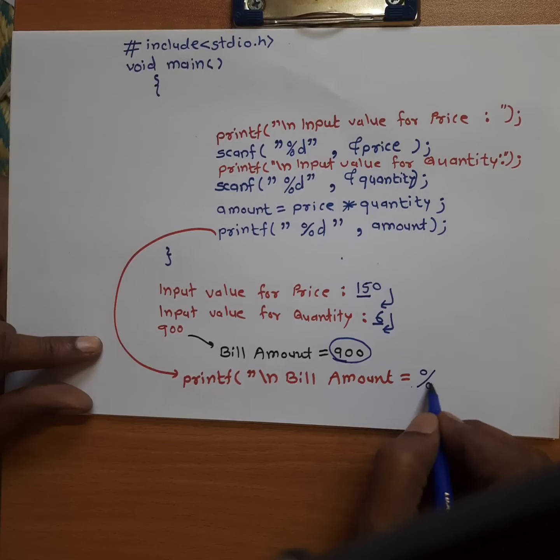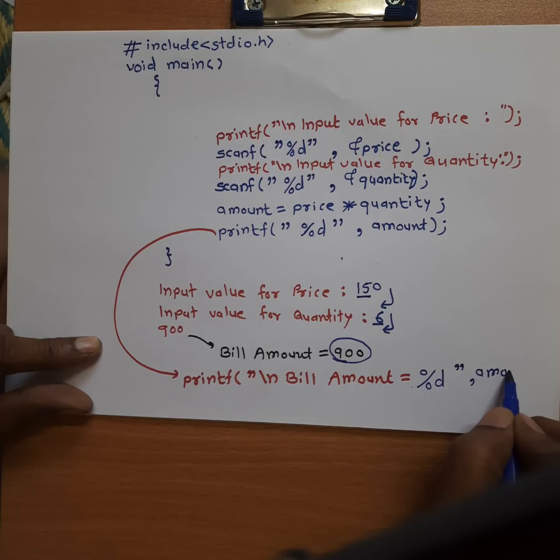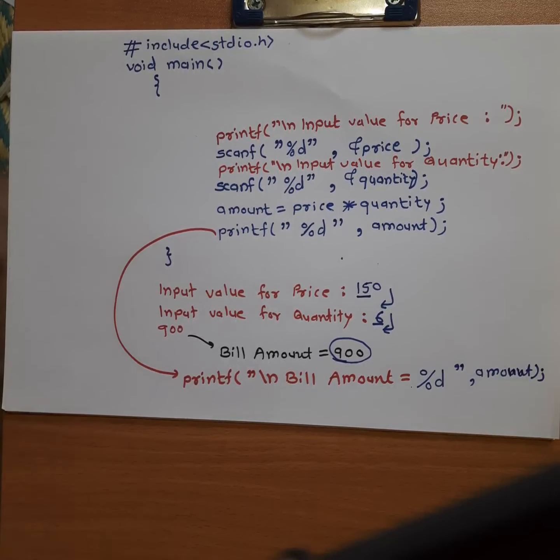So I will mention here %d, double quotes complete, comma, amount, semicolon. So we have to change this printf like this.